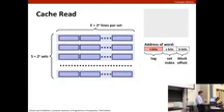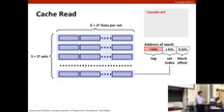So the cache logic takes this address, first extracts the set index, and uses that as an index into this array to identify the set. If the block that contains the data word at this address is in the cache, it's going to be in the set denoted by the set index.